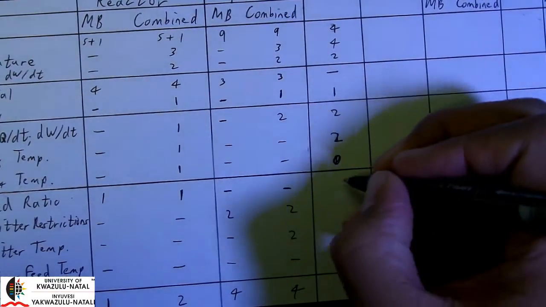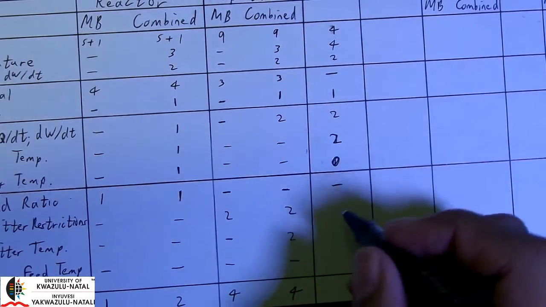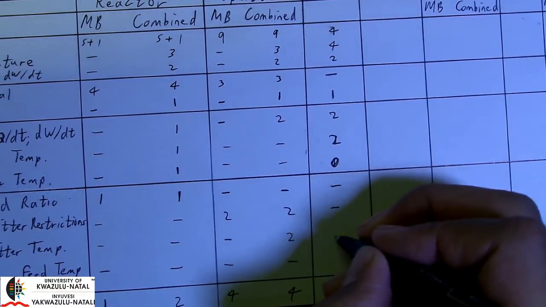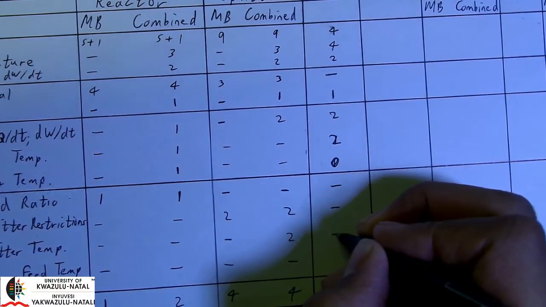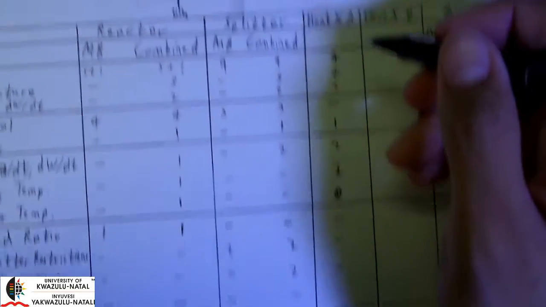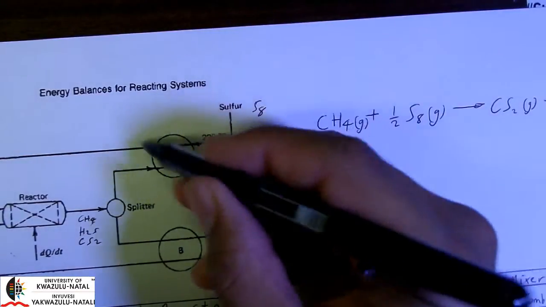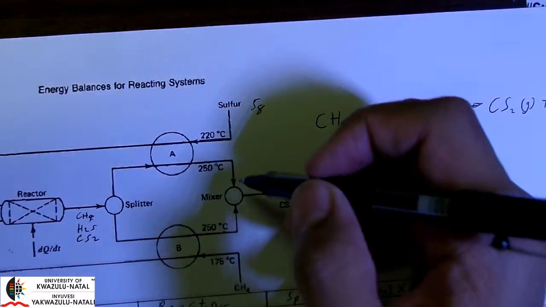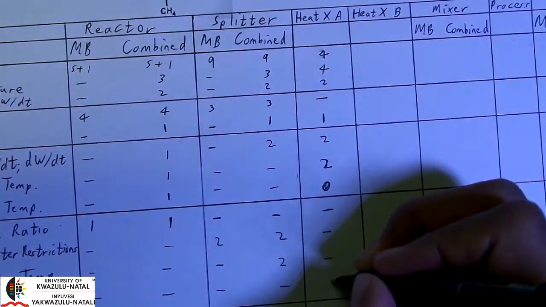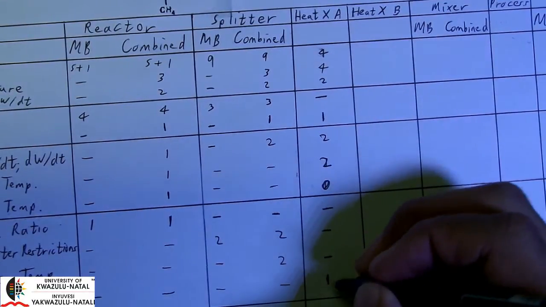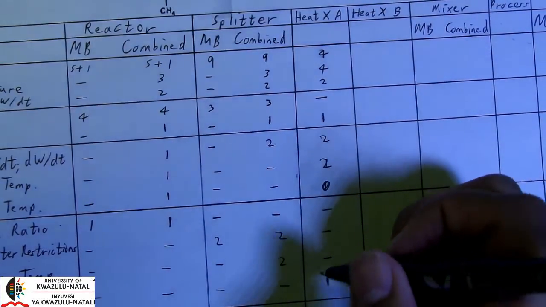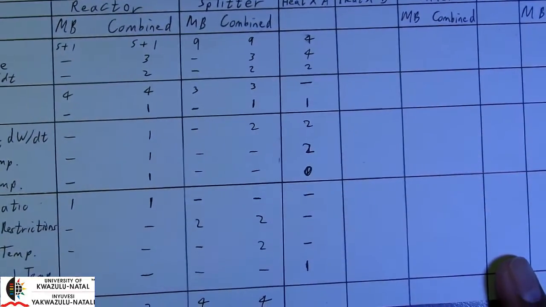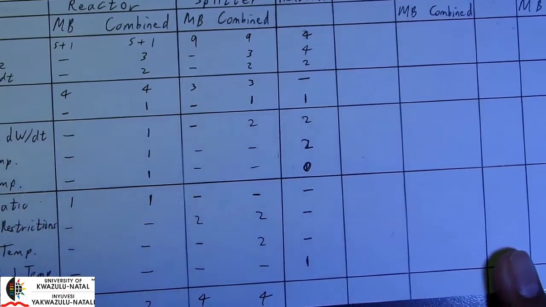Now in terms of the feed ratio, that's irrelevant. Splitter restrictions are also irrelevant, as well as the splitter temperature. In addition to these 2 sulfur temperatures, I also have a third temperature here that's also specified. So I can just count that as 1. This could have been counted under specifications, or it can be counted under a subsidiary relation as well. It's important that you don't count it twice.